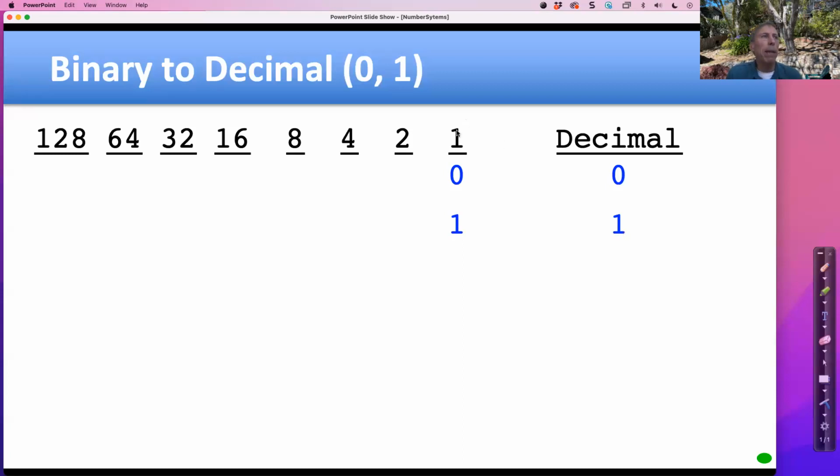Now remember, I can give you 0 or 1 of any of these bills. What if I gave you one $2 bill and 0 $1 bills? I've just given you $2.